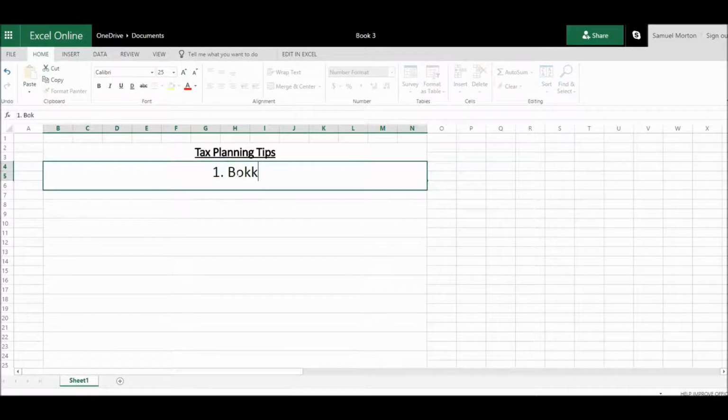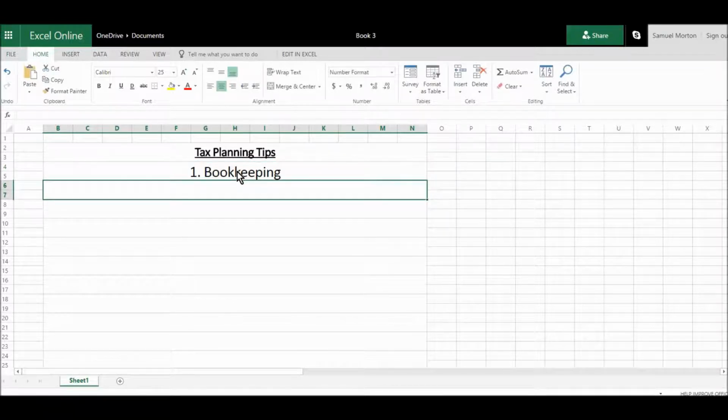So tip 1, I'm doing this one-handed, so you have to excuse how slow the writing is. But tip 1 is the bookkeeping of the business or the company. If you have a bookkeeper or an accountant that keeps the books, if your accounts are kept up to date, if they're done on a monthly basis or even a weekly basis, you should have some sort of idea of the profitability of the business.